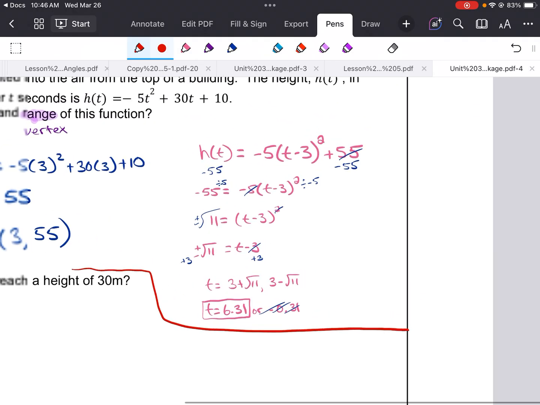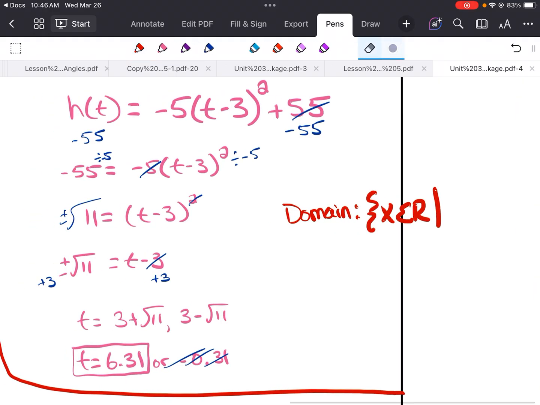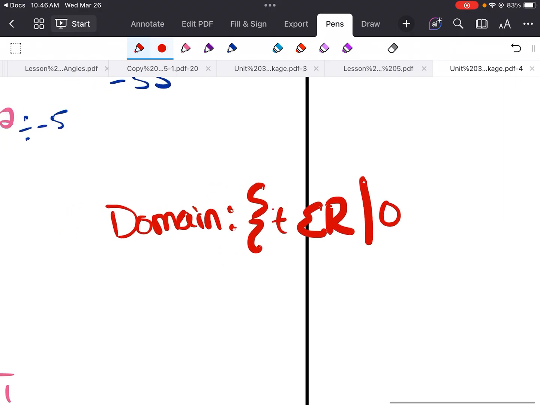Okay. So domain and range. So domain will be our trusty x in R, but it has a limitation because it should be t in R. Working with time here. It can be between 0 and we found 6.31 seconds.